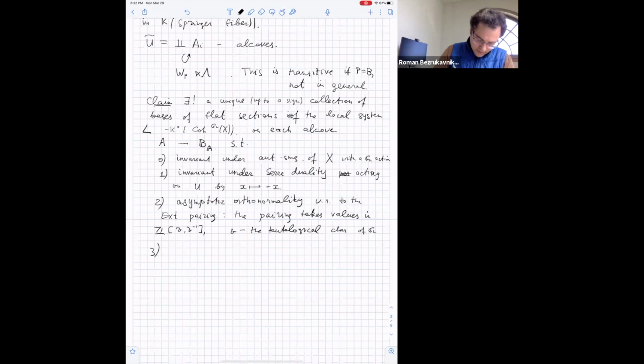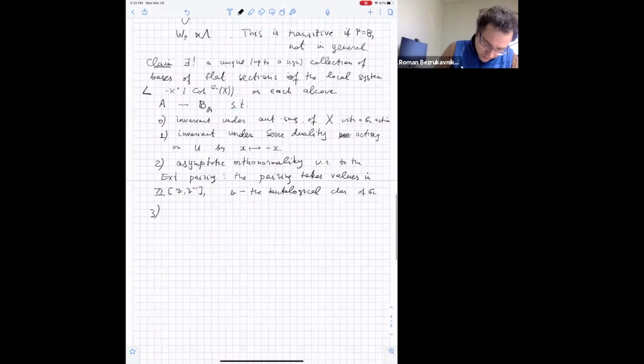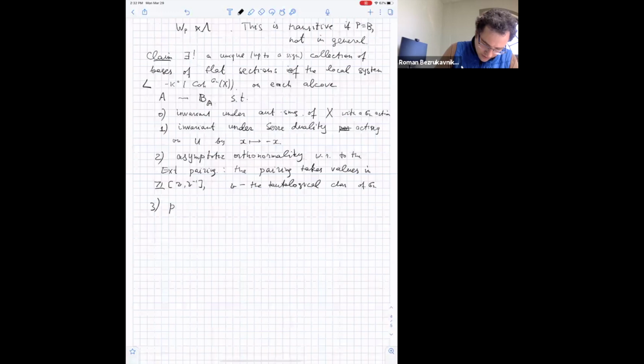And three, it's that these are bases permuted by half monodromies. So let me say a little bit about this.